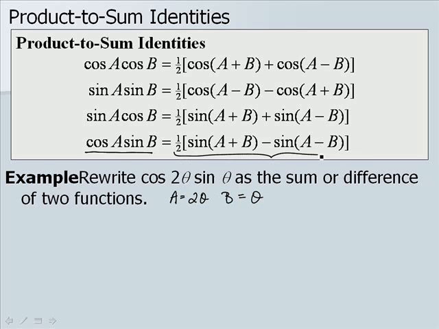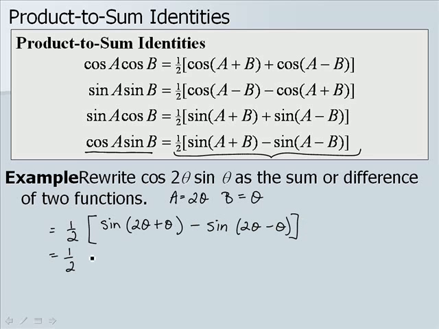So we're going to replace a and b with the values we just found, and we end up with 1/2 times sine of 2 theta plus theta minus sine of 2 theta minus theta.